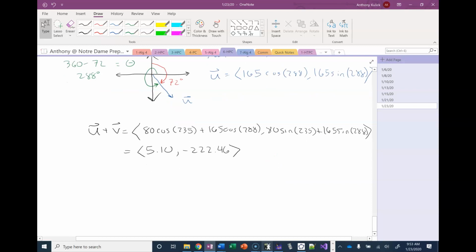Okay. So the distance then from the port is going to be the same thing as the magnitude of that vector. So when I do that, I get 222.51 nautical miles.